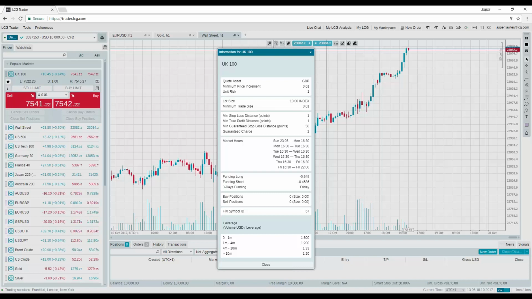Each point is worth £1 when you're trading 0.01 of a contract in this case, then you need to factor that in to your trading style, and in terms of your currency, you just need to do that kind of conversion.